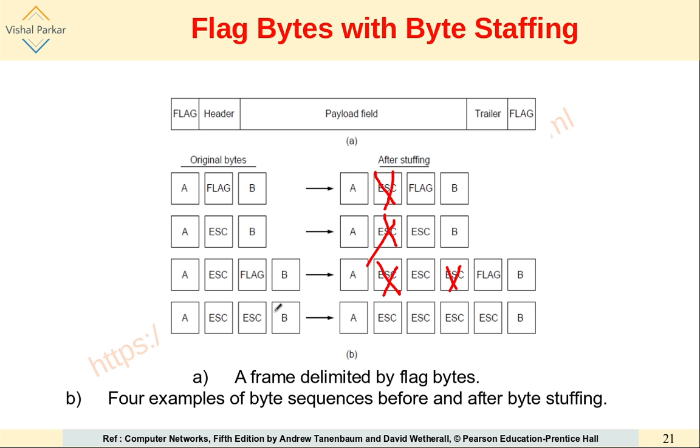Similarly, for this last case, there are two escapes, each individually escaped with one escape, where this will be discarded and the rest is the sent frame. This is the beauty of flag bytes with byte stuffing, wherein the receiver can correctly identify the start and end of a frame.